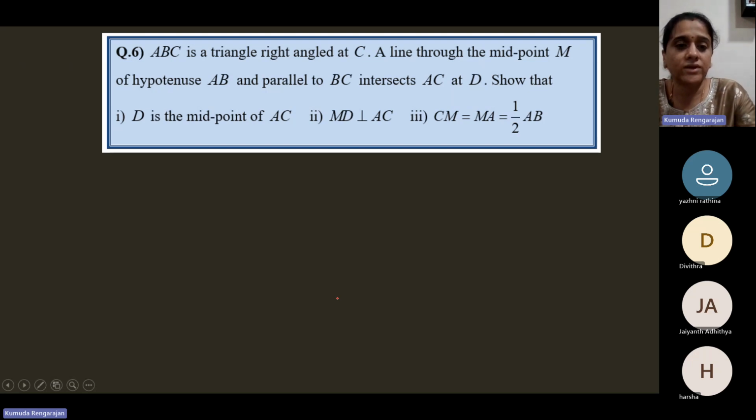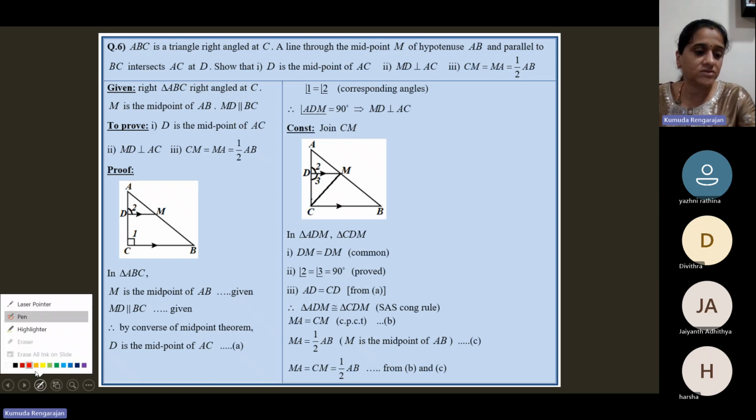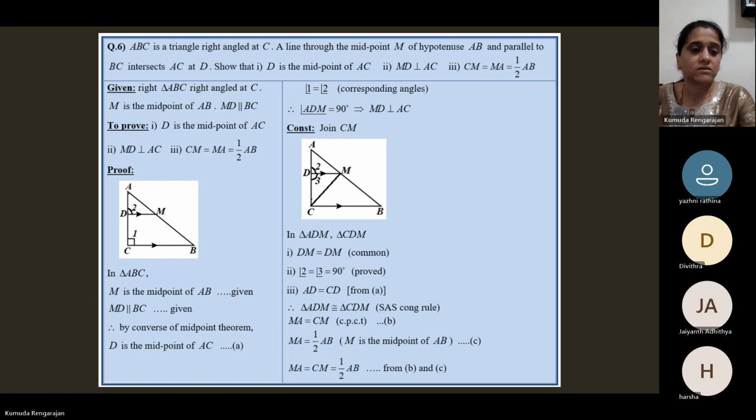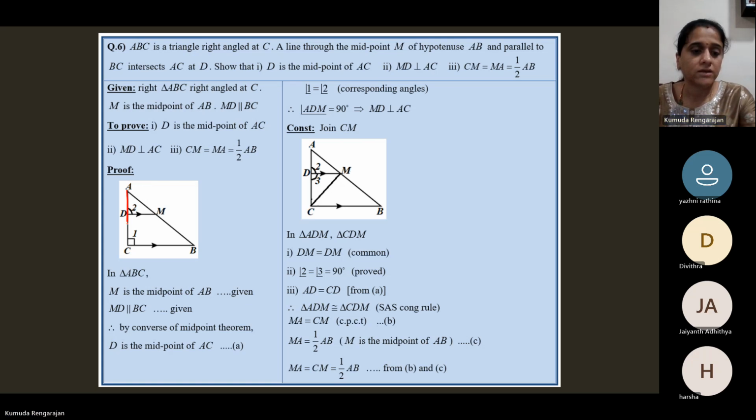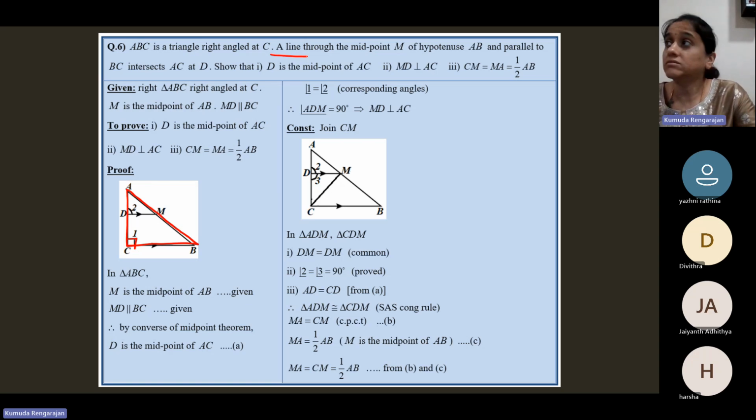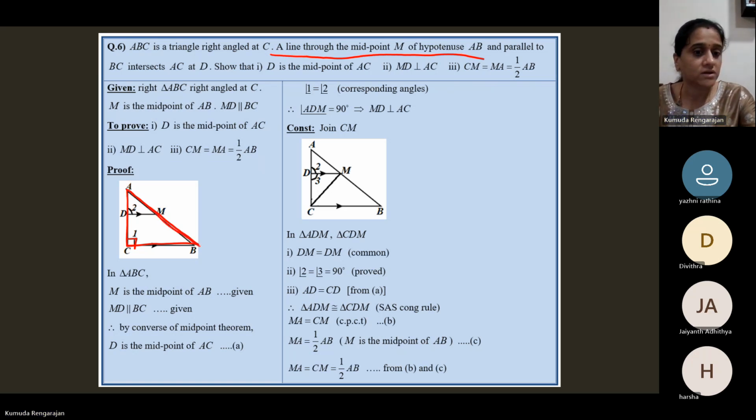ABC is a triangle, right angle at C. So see here, ABC is a triangle, right angle at C. A line through the midpoint M of the hypotenuse AB. This is the hypotenuse AB, and this is the midpoint M of the hypotenuse.